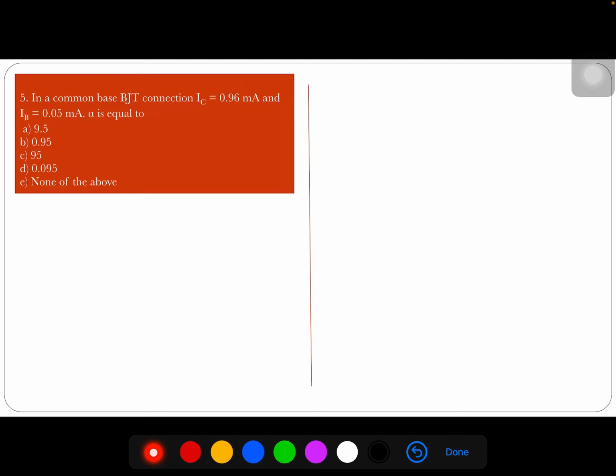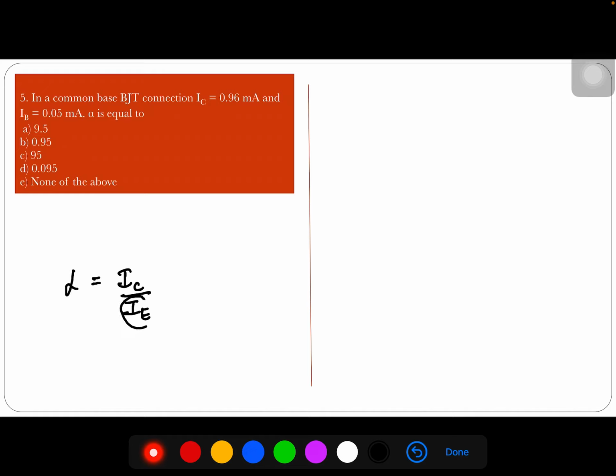Next question. In a common base BJT connection, common base configuration has been mentioned here. IC is given to you, IB is given to you, alpha is equal to, then options have been given. So basically alpha has been asked here. As I told you in the previous slide also, alpha is equal to IC upon IE. So IB does not come into the formula of alpha.